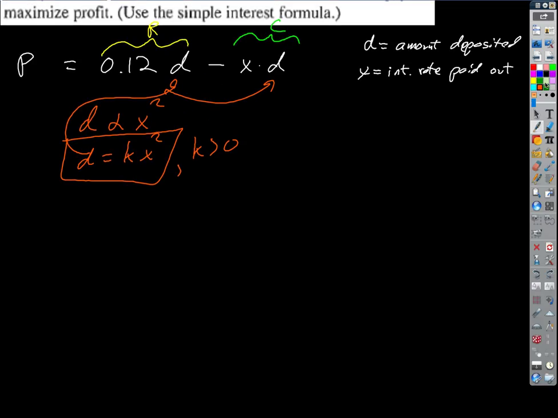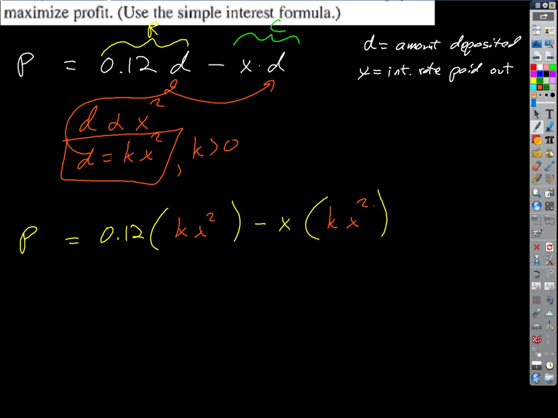So what do we get then? If we combine those things, we get P equals 0.12 times D, which is kx squared, minus x times D, which is kx squared.